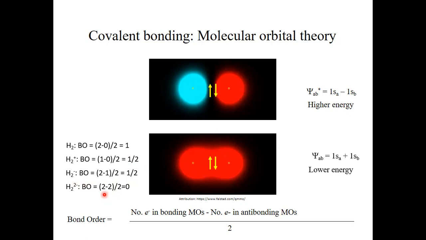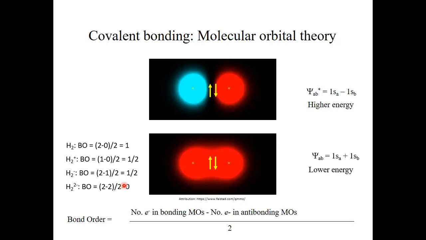And now the bond order is 2 minus 2 over 2, which is equal to 0. So that means that no bonding should exist between the two H- ions, and we would expect that an H2 2- ion would not be stable, and indeed such an ion has thus far not been observed.